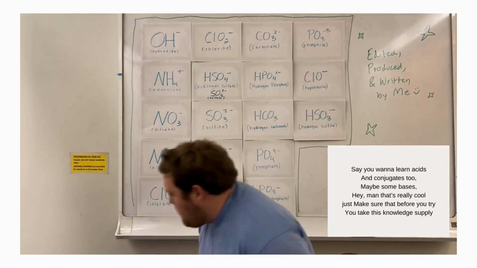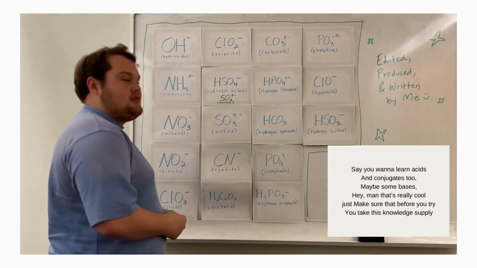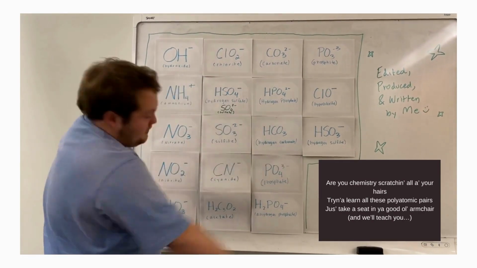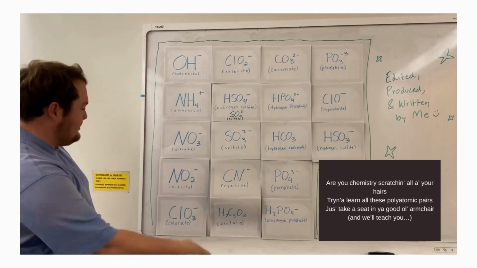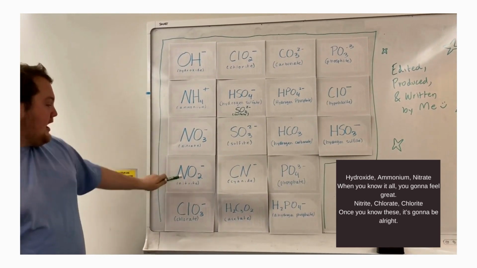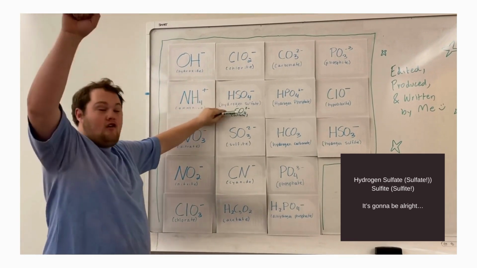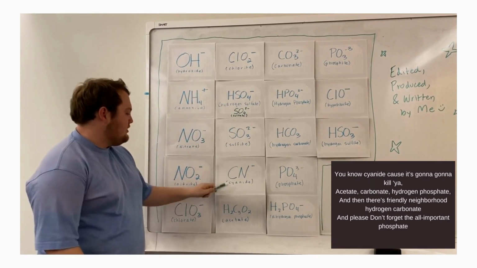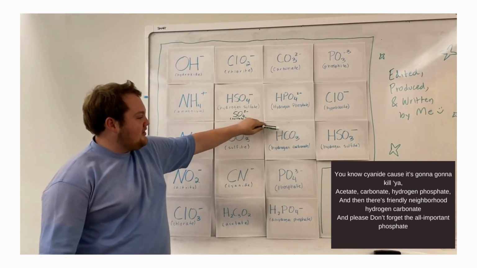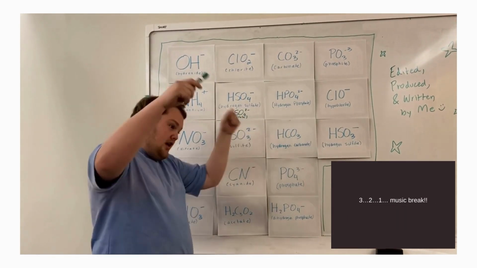So you want to learn acids and conjugates too? Maybe some bases. Hey man, that's really cool. Just make sure that before you try, you take this knowledge supply. Are you in chemistry, scratching all your hairs, trying to learn all these atomic pairs? Just take a seat in your good old armchair and we'll teach you. Hydroxide, ammonium, nitrate. When you know it all, you're gonna feel great. Nitrite, chlorate, chloride. Once you know all these, it's gonna be alright. Hydrogen sulfate, sulfite. It's gonna be alright. You know, cyanide, cause it's gonna kill ya. Acetate, carbonate, hydrogen phosphate, and then there's friendly neighborhood hydrogen carbonate. And please don't forget the all-important phosphate.